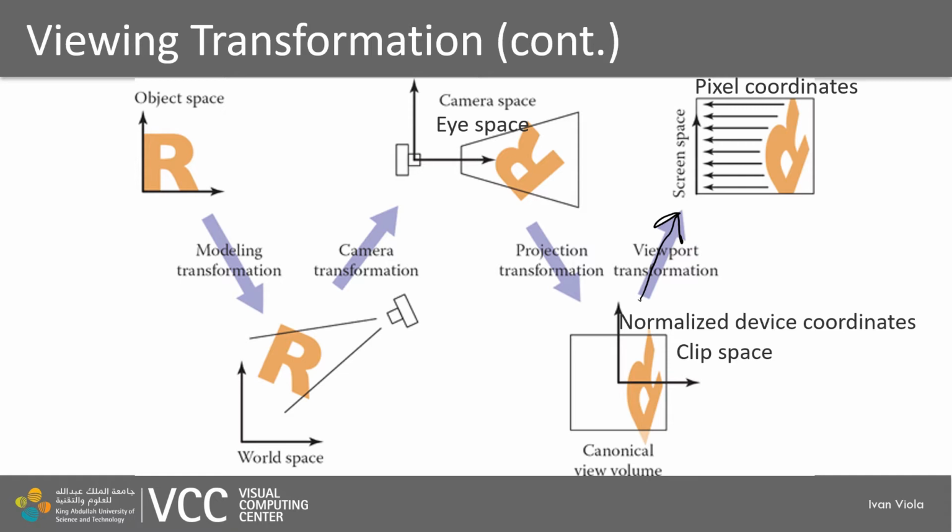As I said, first we have all our objects and their corresponding points structured in some local coordinate system of that particular object. The origin for that coordinate space might be, for example, centered in the center of the object.